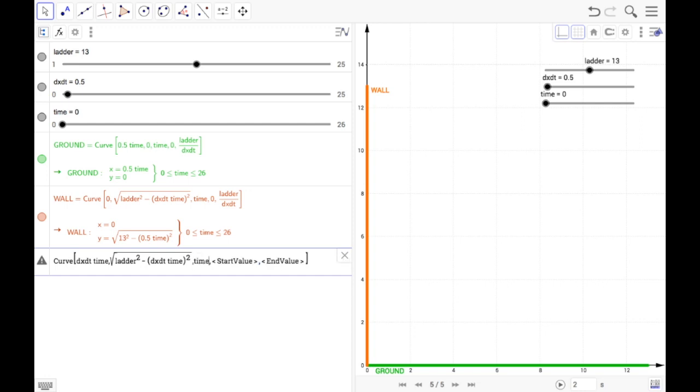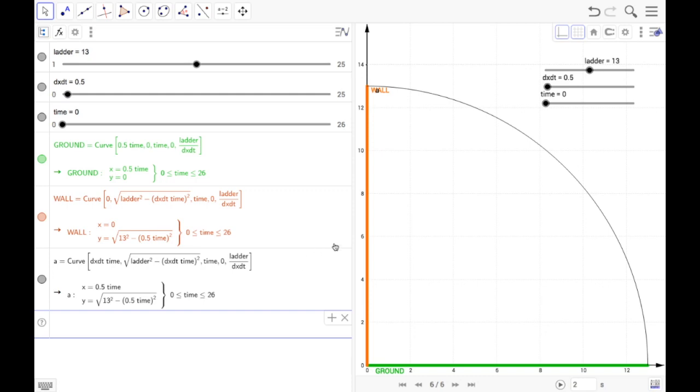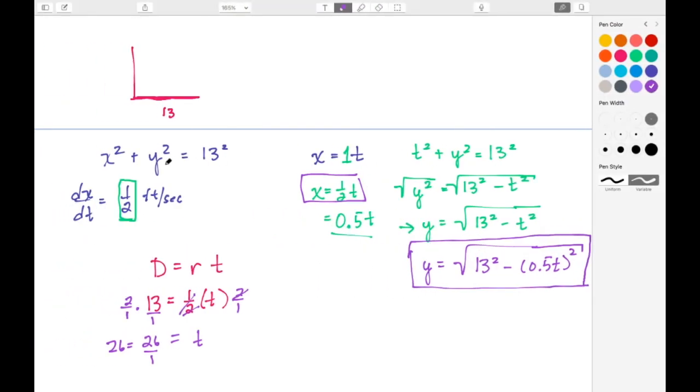The parameter is going to be the time, which is one of the controls here. The start value is 0, and the end time is going to be the length of the ladder divided by dx dt.